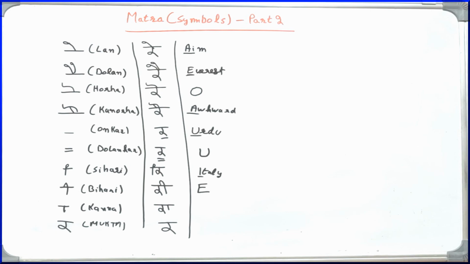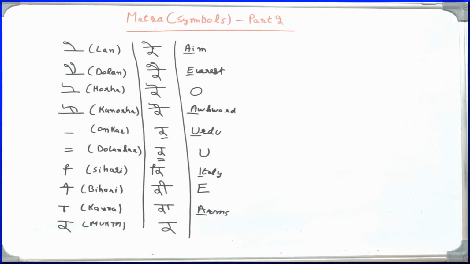Last, we have Kanna. We can represent the sound of Kanna with arms. The sound of A in arms will be the sound of Kanna. What will be the sound of A in arms?